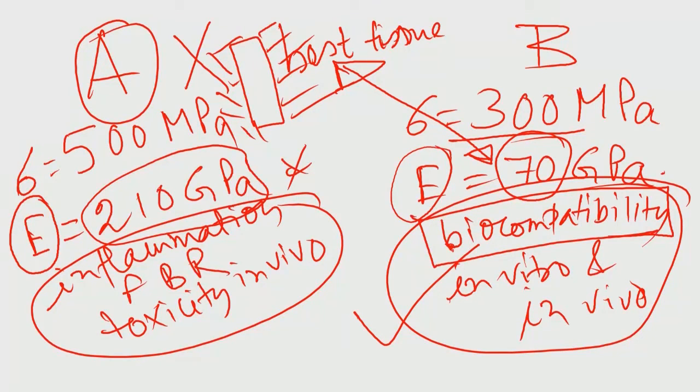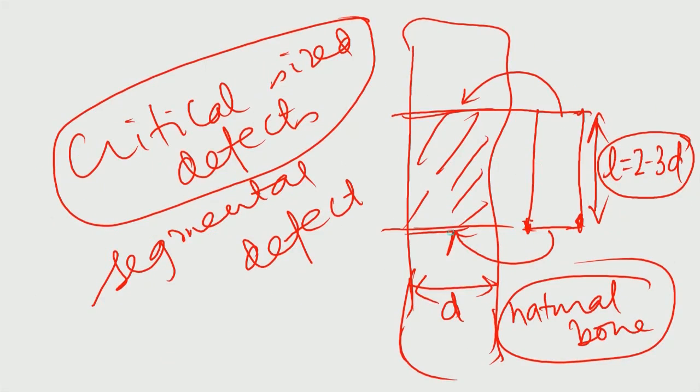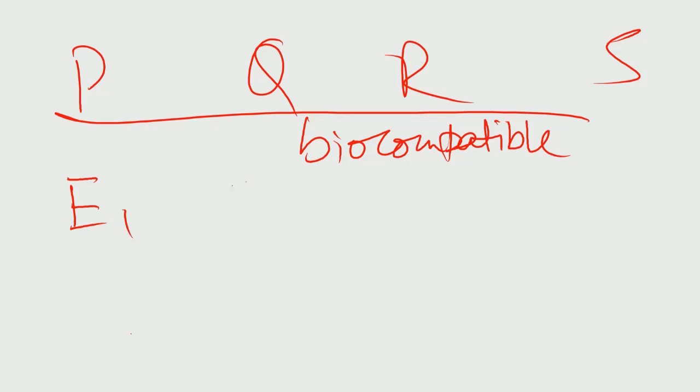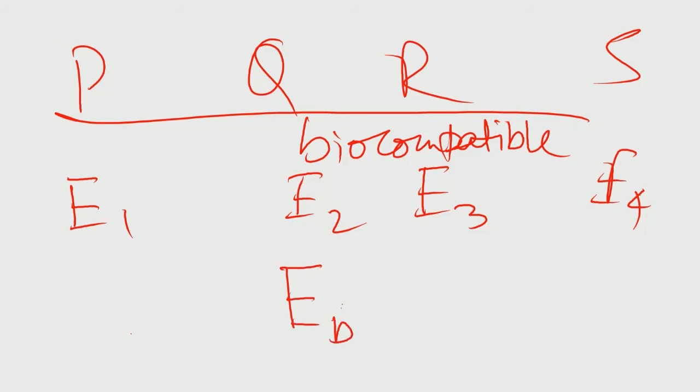Once a material is biocompatible, and you have to select from a group of biocompatible materials like P, Q, R, S, these have different material compositions and therefore different elastic modulus values E1, E2, E3, E4, and your bone elastic modulus, let us say EB. Now you have to see which one is very close to EB.